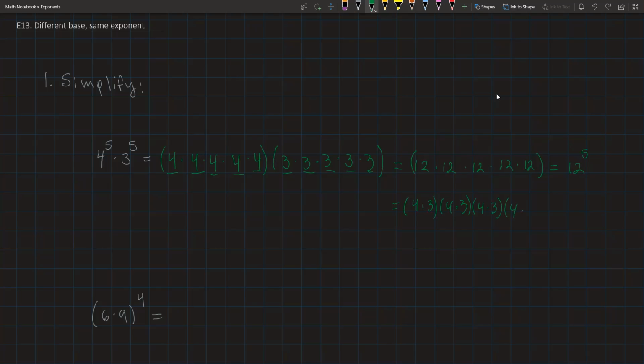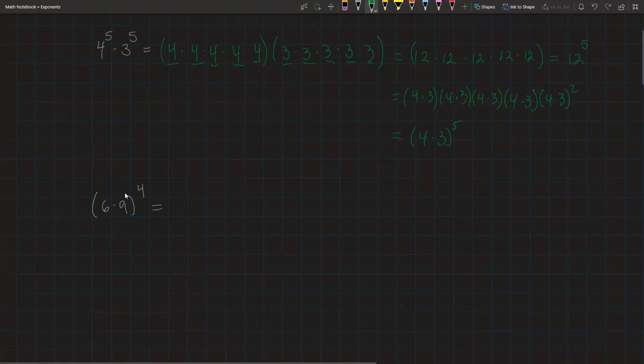And so on, 4 times 3 two more times. And what I'm trying to show is that we could also represent it as 4 times 3 to the 5th power. And there it is, 2 equivalent forms. So this is the most compact, and this is still compact, but you can see where that 12 is coming from, all right?